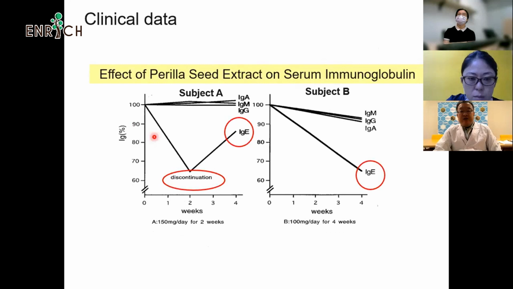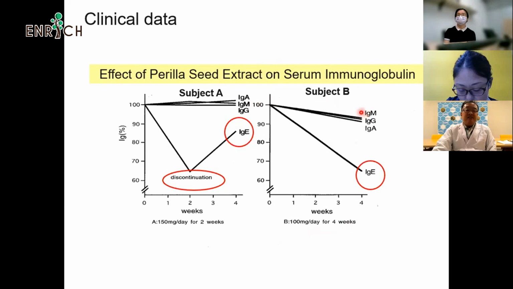So, we firstly evaluated the serum IgE level of 2 subjects. In this study, we gave 150 or 100 milligrams of pear seed extract to 2 subjects and determined the serum immunoglobulins level.